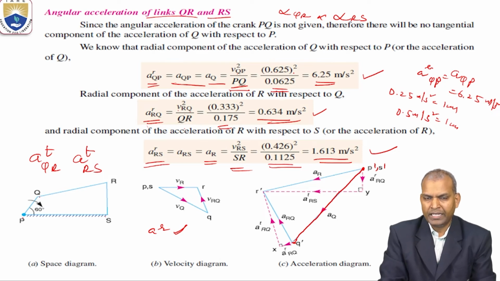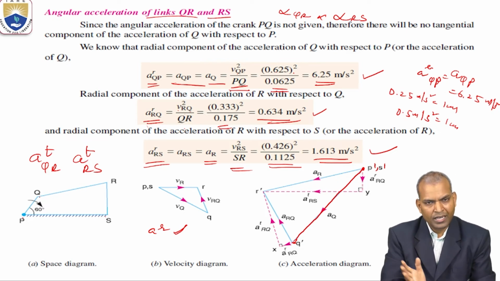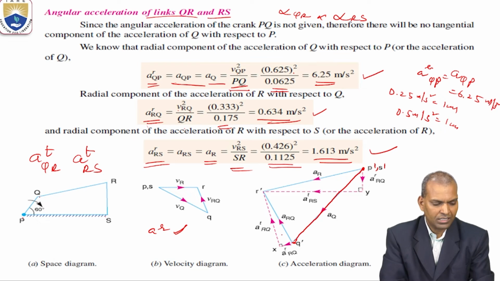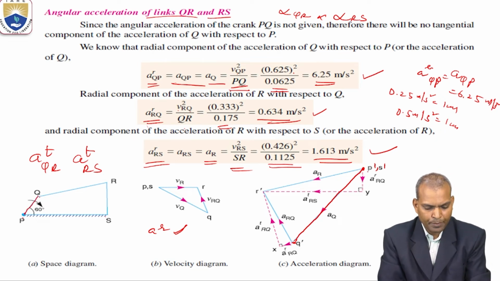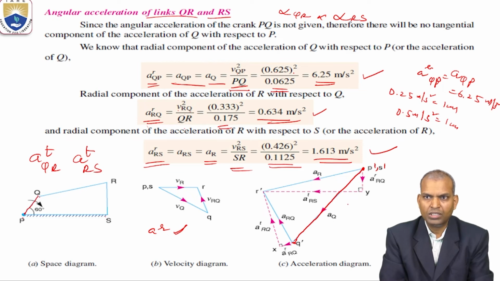That is which component? The total acceleration is a radial component. Radial component should be parallel to the direction of the link PQ configuration. This is PQ and P dash Q dash, both are parallel lines.